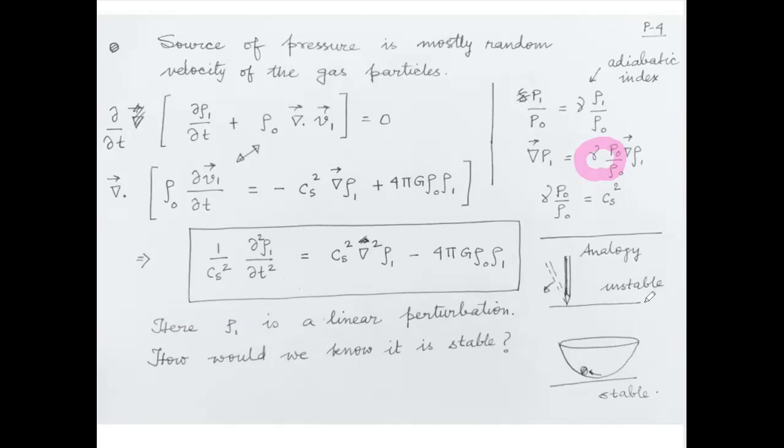Say I have a table and I have put a pencil on its nib on the table like this. You know that it's a very unstable system. It's an equilibrium system, obviously, but it's an unstable system. If I disturb it a little bit, which always happens, then this disturbance, which is equivalent to ρ1, will essentially grow and it will fall down.